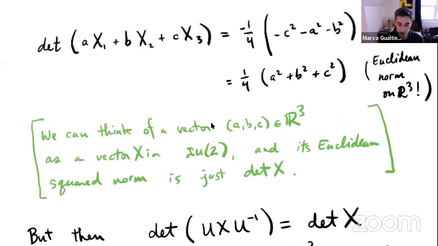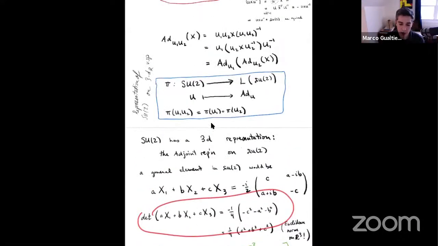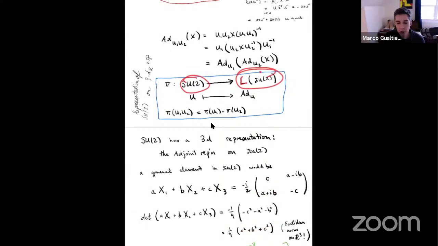So this weird argument, which uses the determinant, is a way of showing that the way SU2 acts as linear transformations here, it actually preserves a norm on this three-dimensional real vector space. And that means that these matrices, pi of u, are all orthogonal transformations.